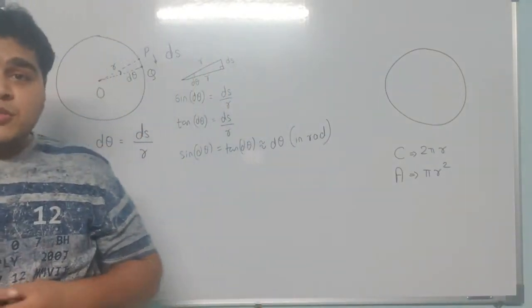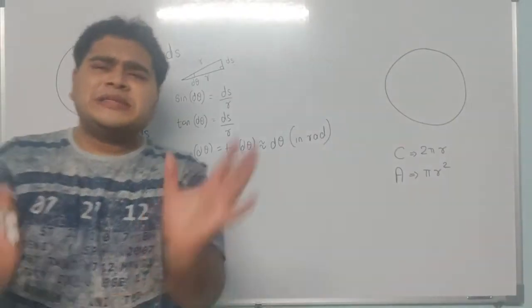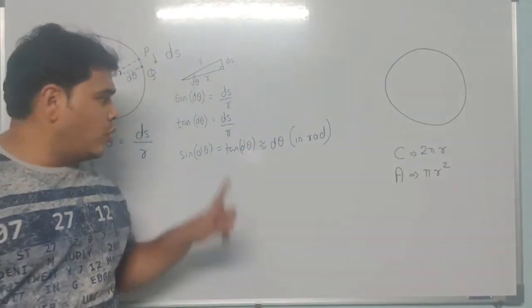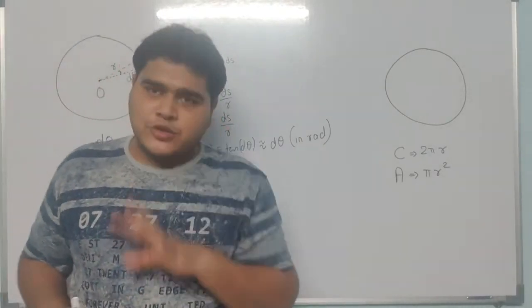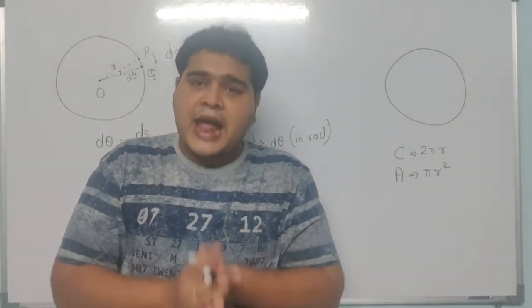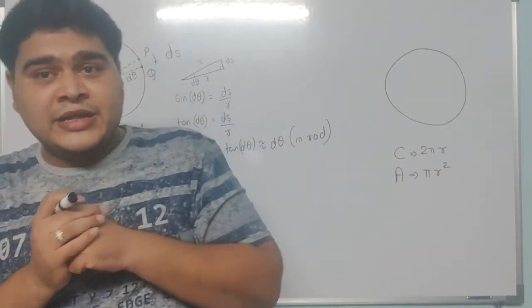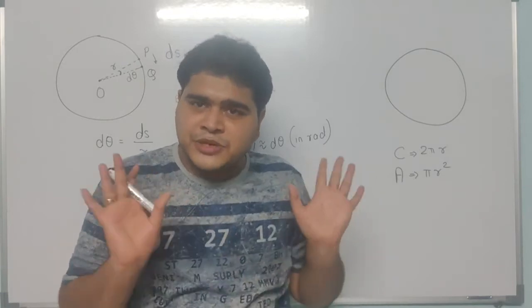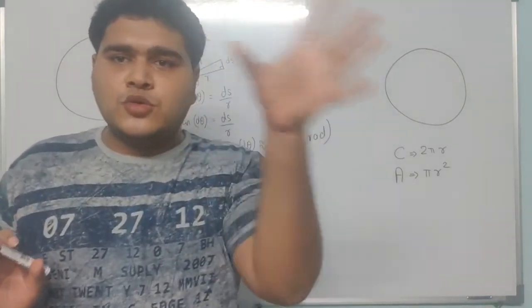Now, if you want me to prove this also, very simple. Get your calculator, put sine of 1 degree and get the value. Then put tan of 1 degree and get the value. And then convert 1 degree into radian. I hope you know how to convert 1 degree into pi by 180. Simple. Pi value 3.142.